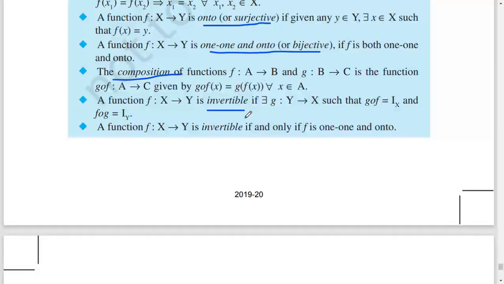A function f: X → Y is invertible if and only if f is one-one and onto.